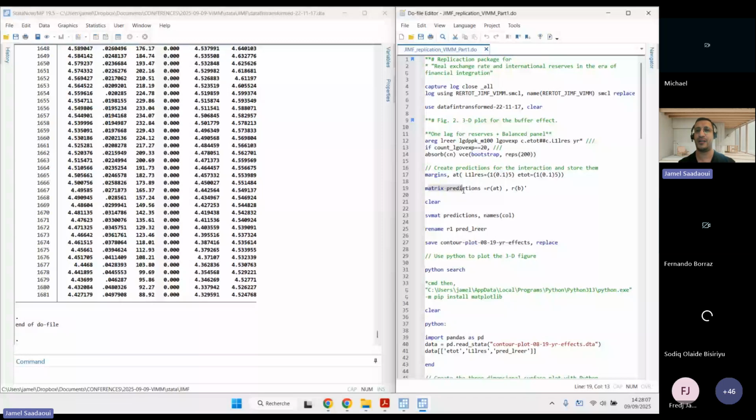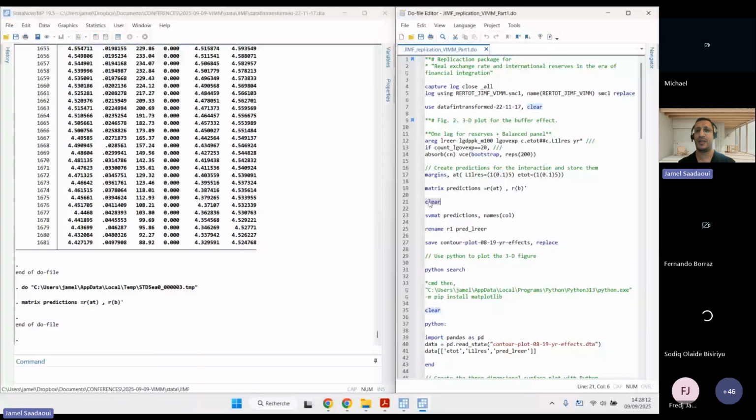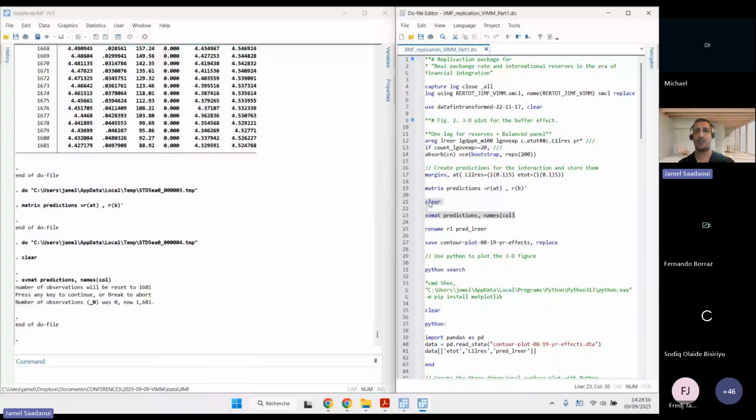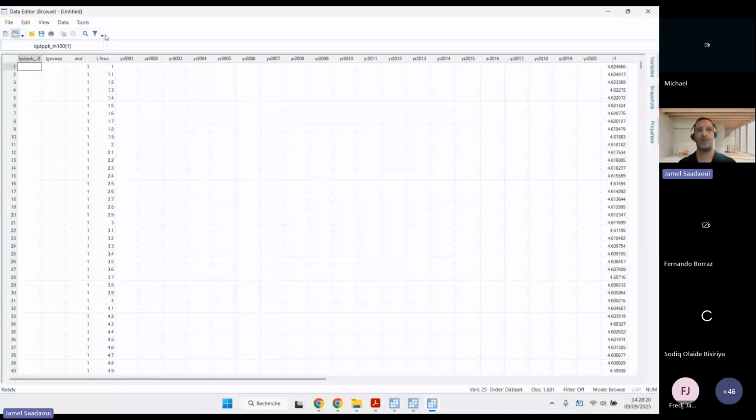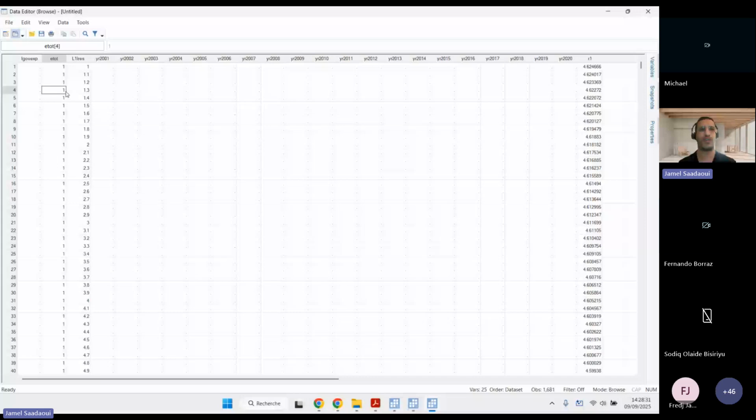I clear the data here, and I use svmat to have the prediction here. So if you open the data, you will have the predicted value for the exchange rate at different levels of effective terms of trade shocks and level of exchange rate reserves.